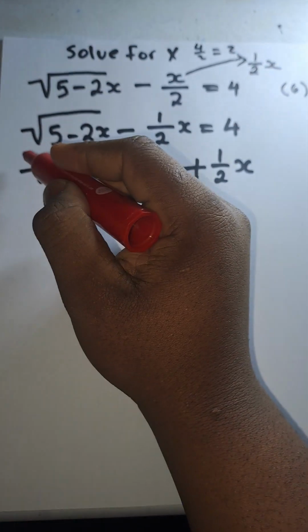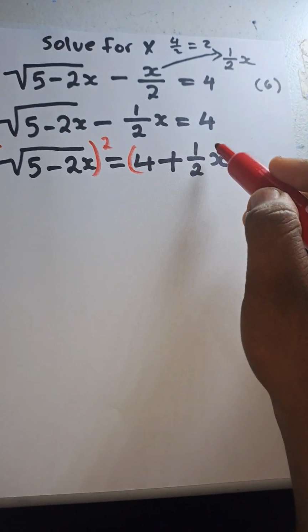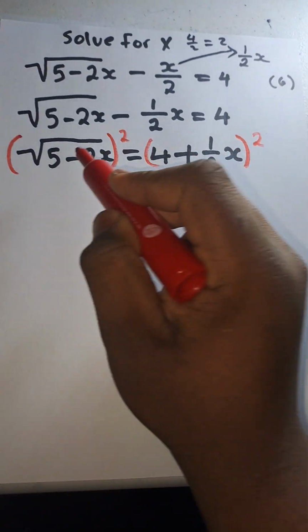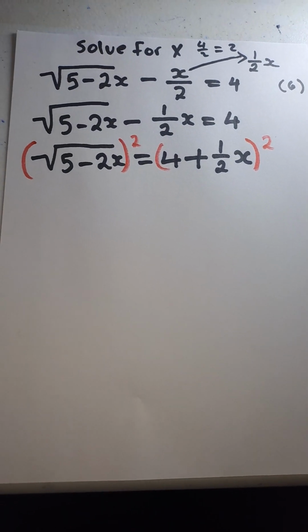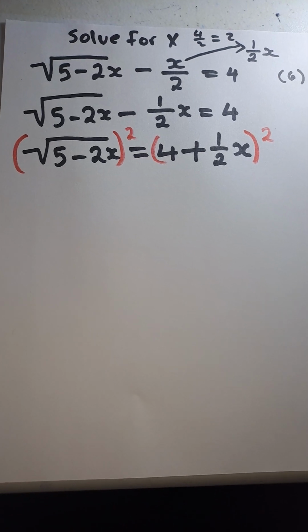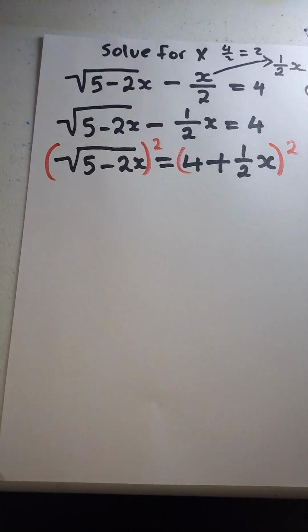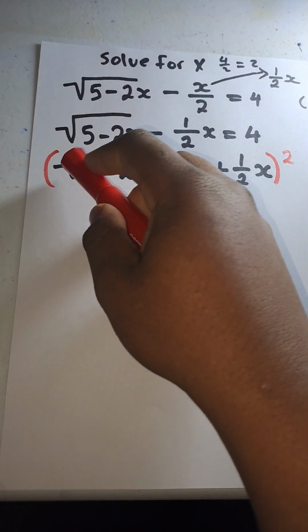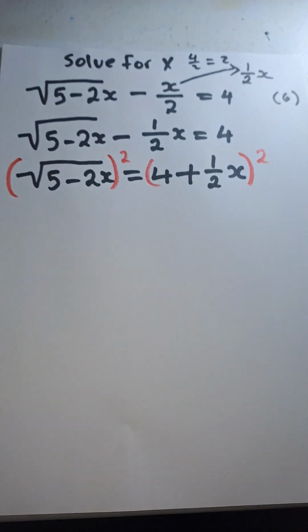The reason we square both sides is because we want to remove this square root. A square root can only be removed by squaring that expression. A square root is the same as a half power, so mathematically the 2 and the 1 cancel, right?